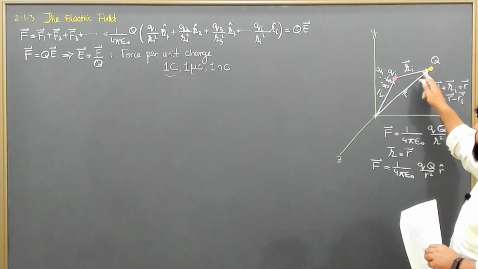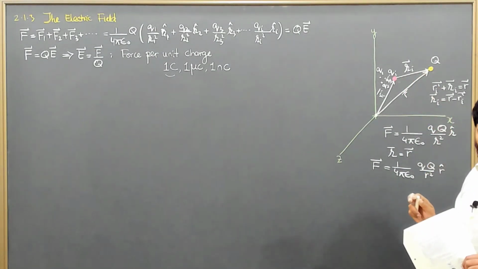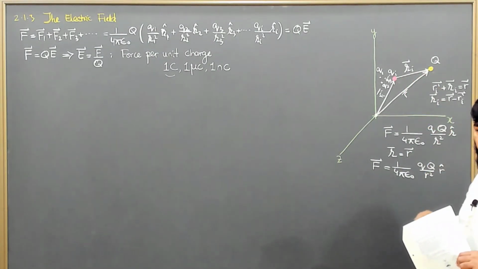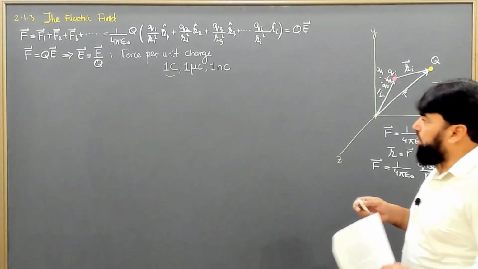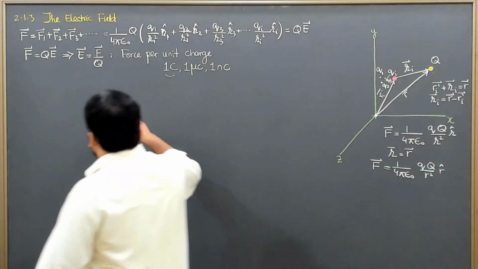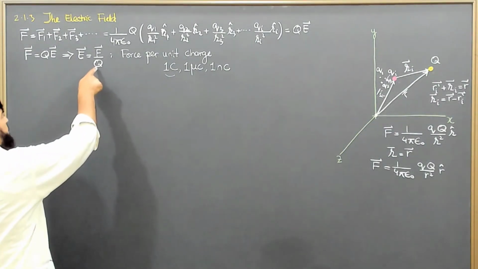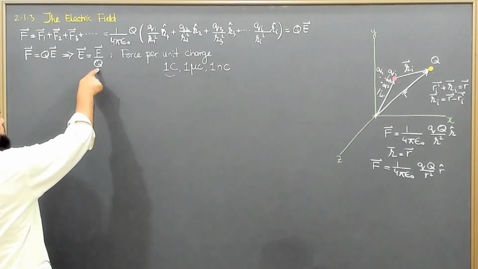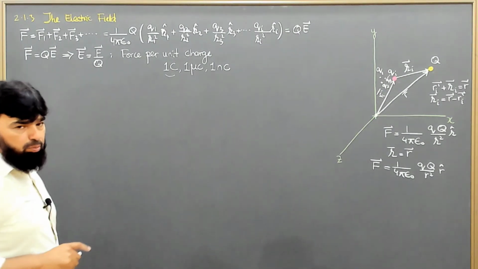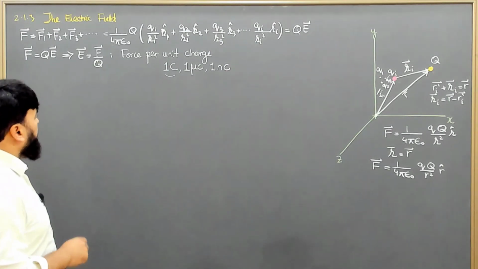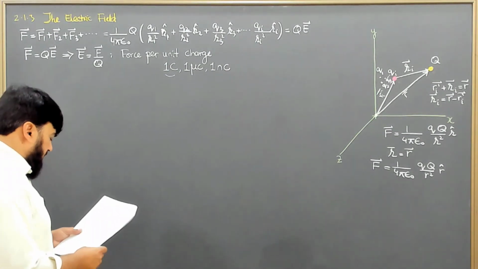Here the force of interaction is mutual. We can't say about the strength of one. So if we consider one of the charges, which we call the test charge, to be unity, then we will be able to determine the strength of the source charge.